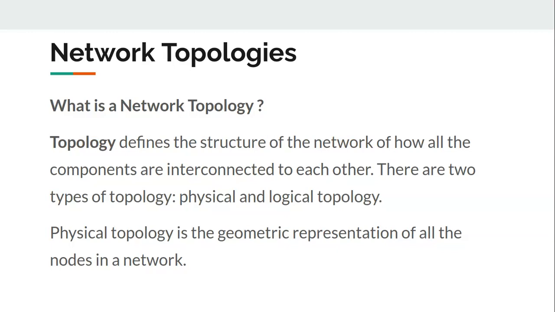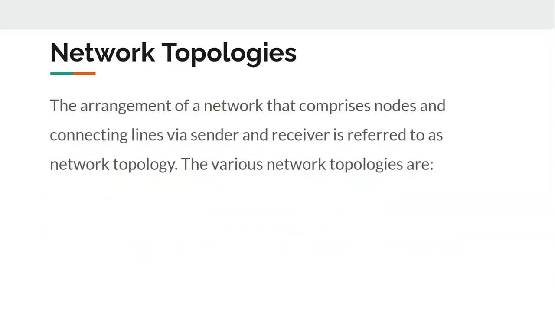And we say a physical topology is a geometric representation of all the nodes. Talk about nodes now, we are talking about the network devices. All the nodes in a network. So the arrangement of a network that comprises nodes and connecting lines via sender and receiver is referred to as network topology.